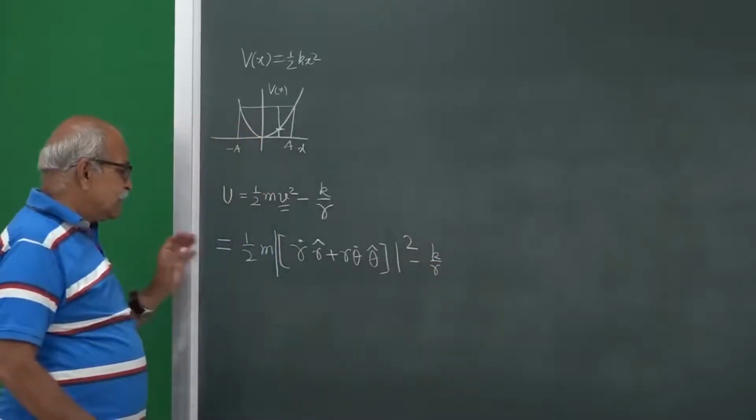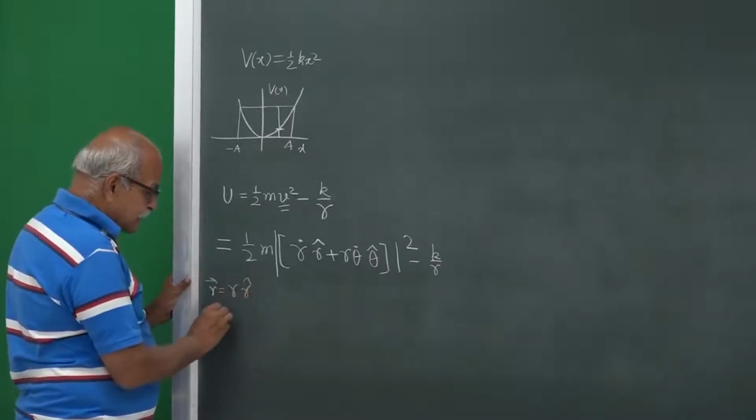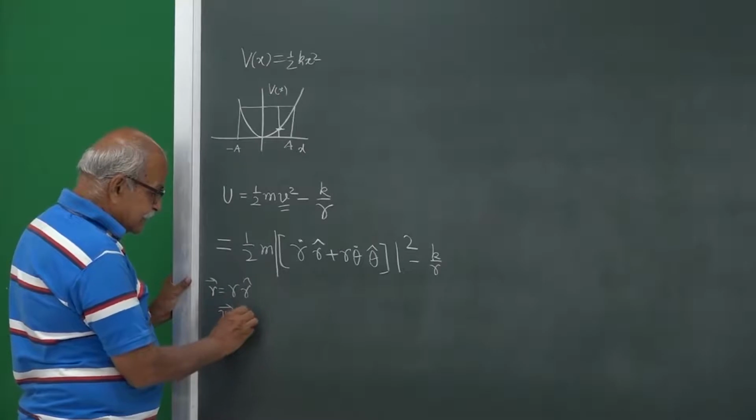We derived this. We said that the r vector is r times r cap, and therefore the velocity vector is d dt of the r vector.